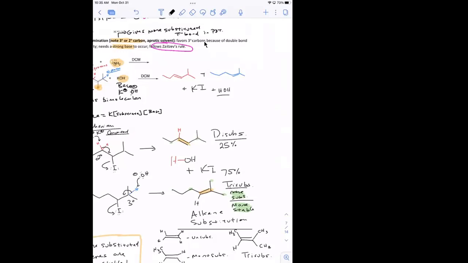Right, so when we say that the E2 elimination follows Zaitsev's rule, what that means is that for this reaction, the major product will be the more substituted alkene. All right, any questions about that?